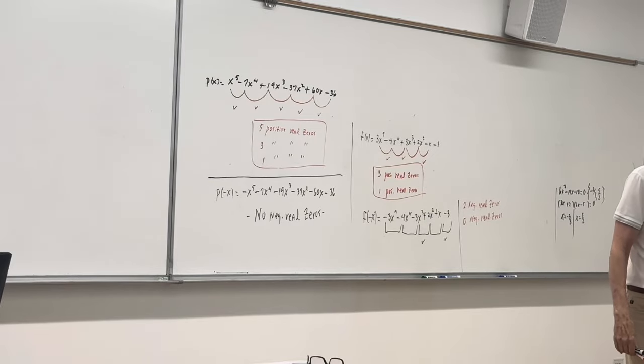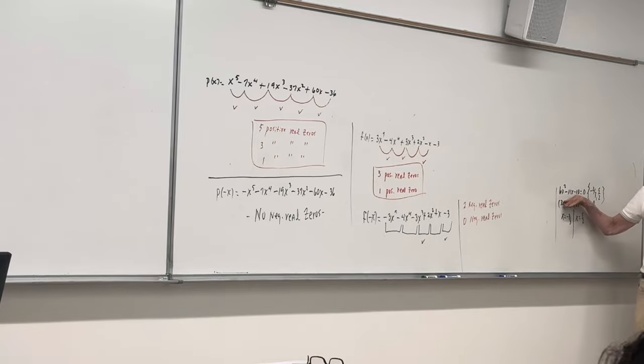Okay, now we go back to my middle school problem. Hang on guys, where am I here? Okay, good. He was given this. Let me go back to what he had in middle school. This is quadratic.